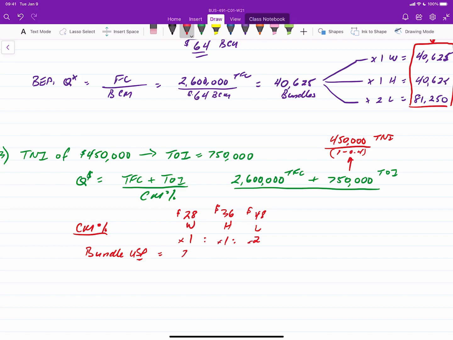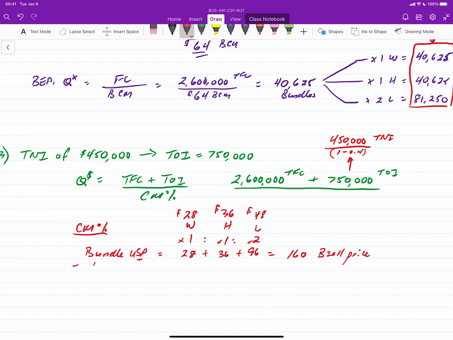So in a bundle, I'll have $28 of weeders, $36 of revenue for hedge clippers, plus $96 in revenue for leaf blowers, for a total $160. This is the bundle selling price.